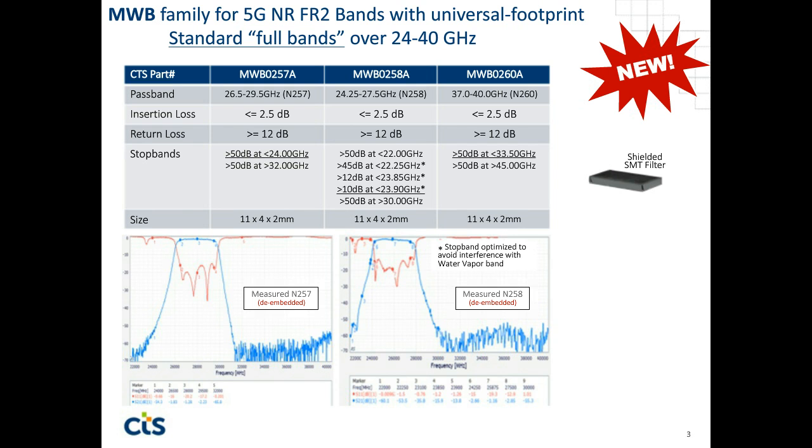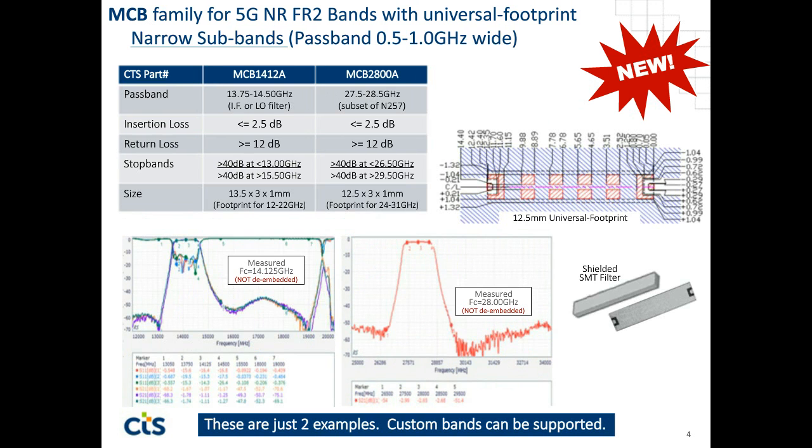The MCB family is a second family that we offer. This is a higher performance, higher Q filter family that is meant to support, in general, narrow subbands of the 5G NR FR2 bands.